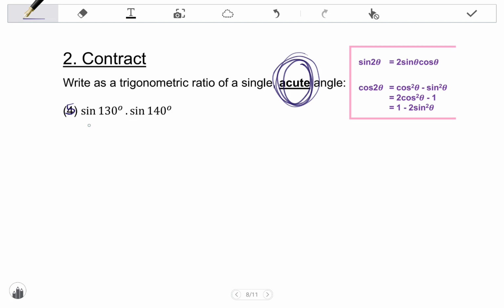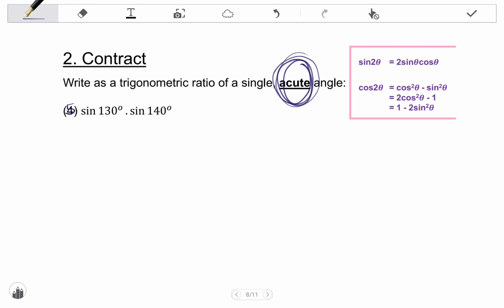Now, I cannot factorize out anything, but what I do have in my toolbox is I can reduce these angles. So if I reduce to acute angles, and keeping in mind that I want a double angle formula to be applicable, I ideally would like to change one of these to cos.